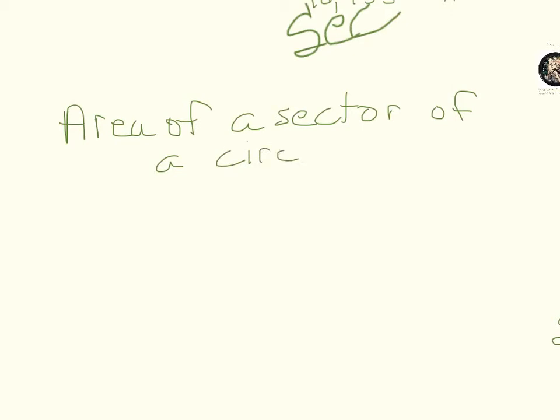If we go back to our geometry days, here's our circle. I don't have my little circle maker up here. But the area of a sector of a circle is the area cut out between 2 radii of the circle. The area of the sector would be this part, between the 2 radii.